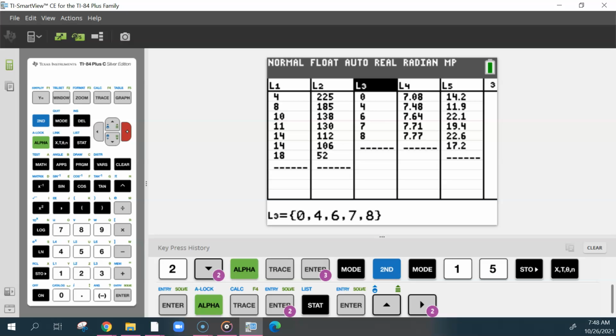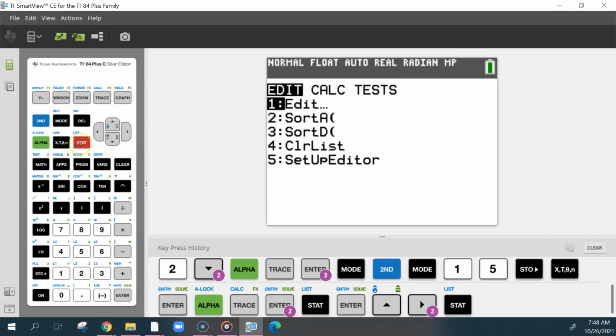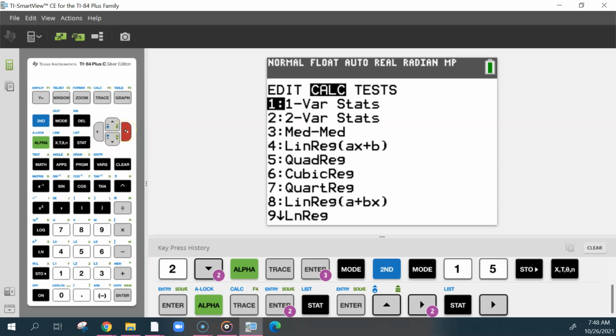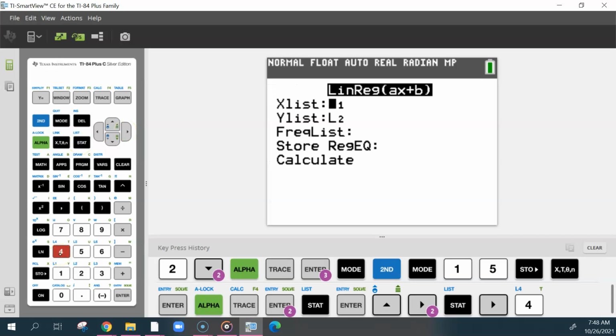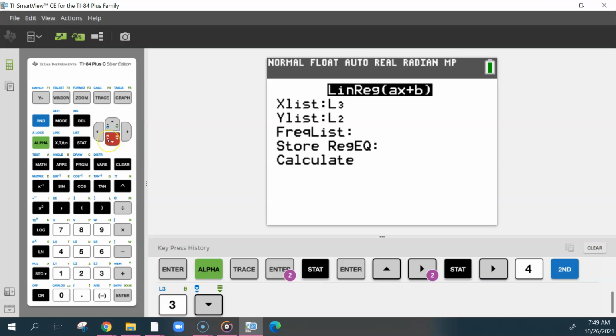When you're finished putting in your data, go back into Stat, scroll back over to Calculate, go back to number 4. If you need to change these two, all of your L lists are in 1 through 6. So if you hit second and then whichever one you need, it'll change it. I need 3 and 4, so I would hit second 3 and then second 4 to change mine. But if you don't need to change your list, you don't need to do that.